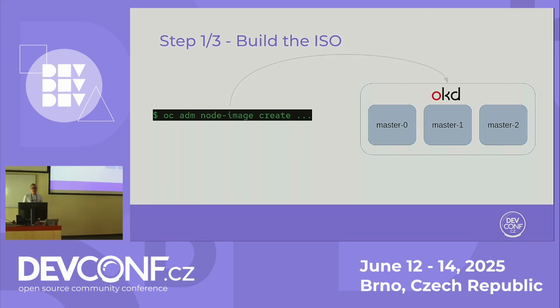The create will take care of running an introspection into the cluster, getting all the relevant information for preparing the ISO, and if everything goes well, at the end it will generate the ISO locally.